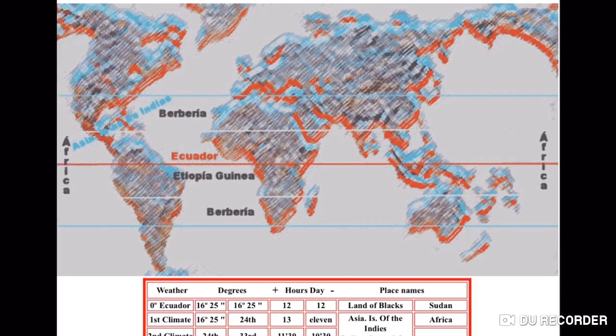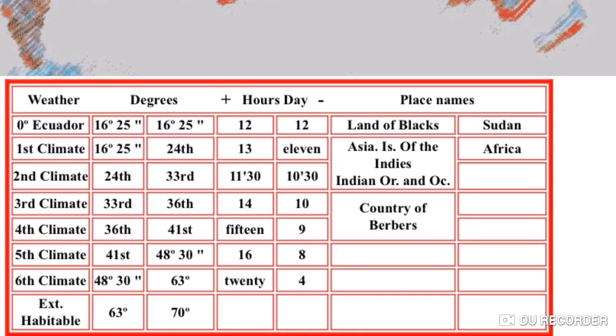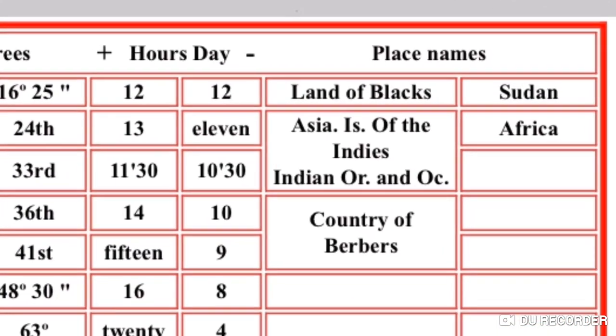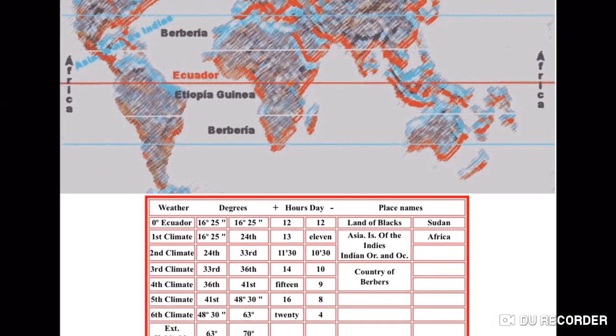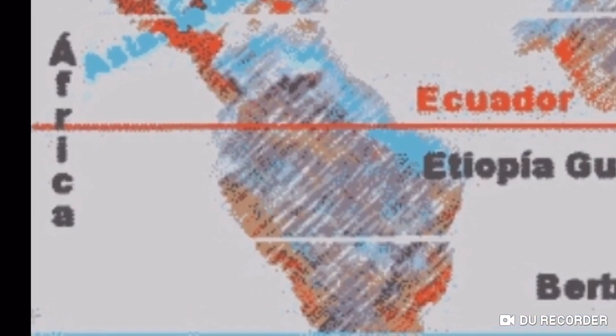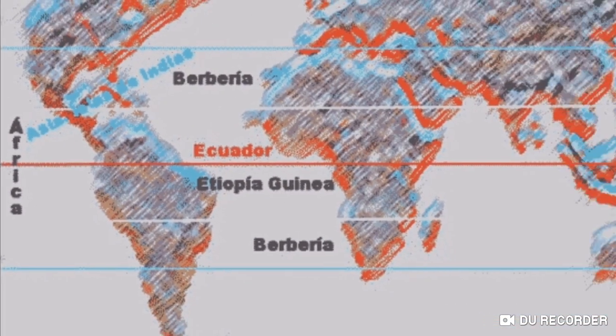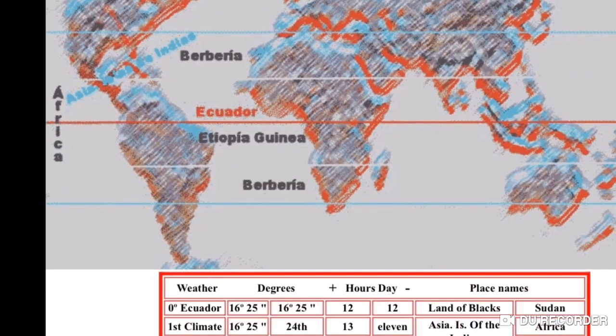In this book, she realized, which we know today, that the place names of the world have been structured in these latitude lines. Like you had place names that have been considered African from this blue line down to this blue line.